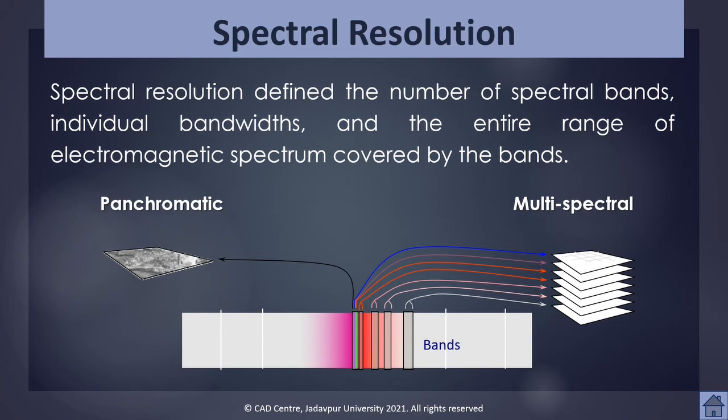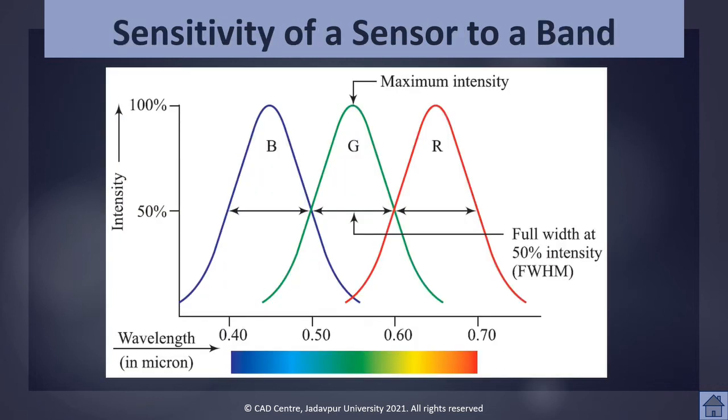Then we need to understand how we determine the bandwidths. If we consider the intensity curve for a specific band, it generally has a Gaussian shape. This Gaussian shape of a detector's sensitivity to a specific band, or the intensity of a specific band, helps us to determine the width of the band.